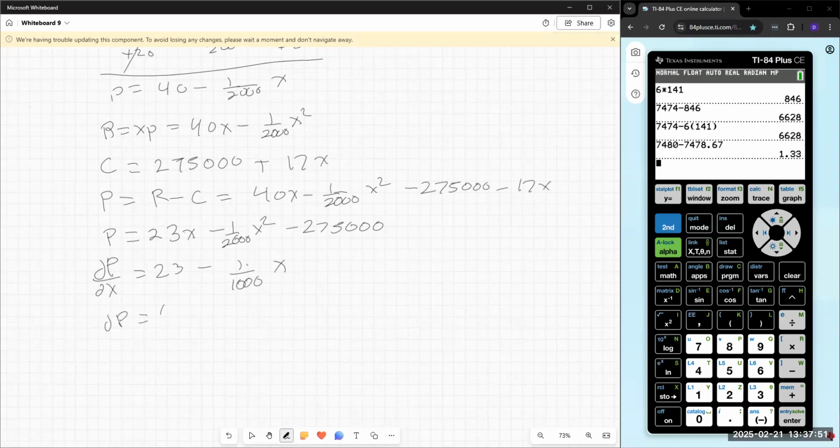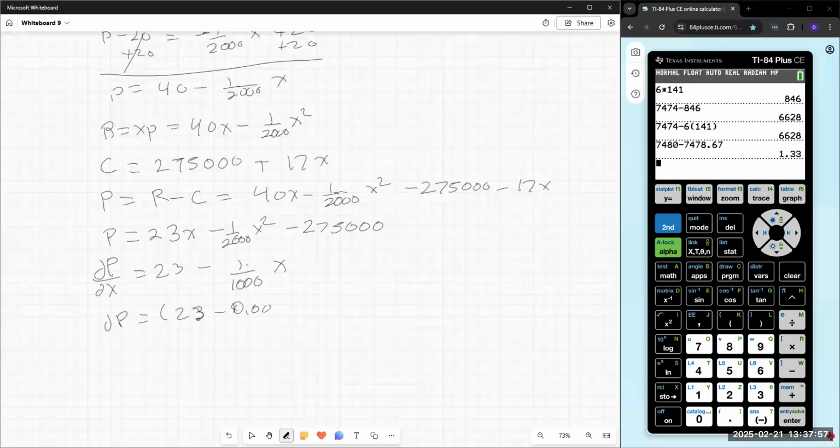dP is 23 minus 0.001x times dx. Delta P is approximately 23 minus 0.001x delta x, and now we're told that x is 28,000 and delta x is 1.